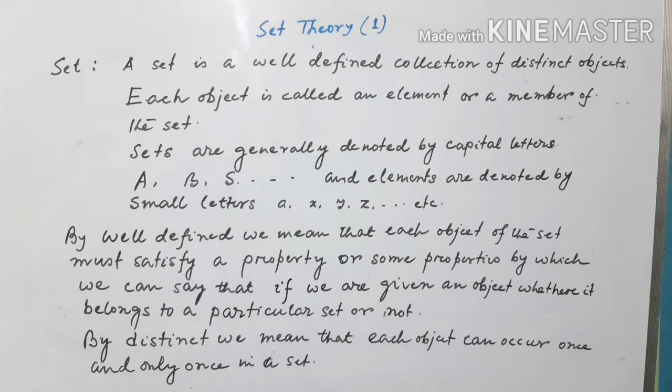Now the question is, there are two important words which are used to describe a set. They are well defined and distinct. Now let's see what is meant by well defined. By well defined, we mean that each object of a set must satisfy a property or some properties by which we can say, if we are given an object, whether this particular object will go in a particular set or not.